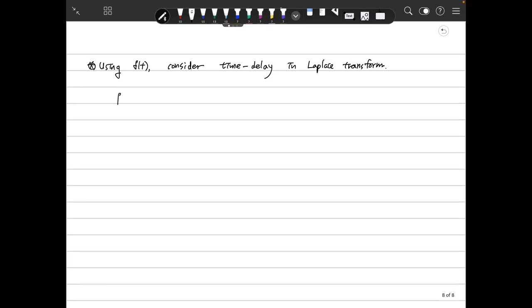Let f be an arbitrary function of mt plus b. Then if there is some time delay tau, f t minus tau will be m times t minus tau plus b. So there will be mt plus b minus m tau.